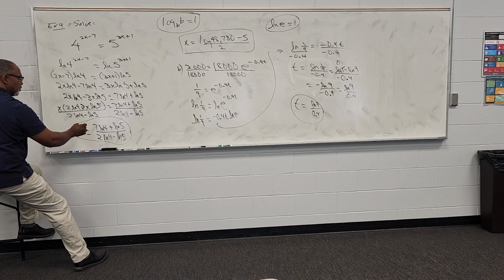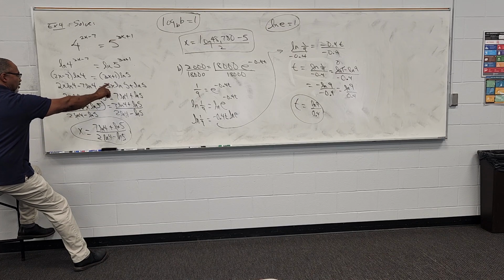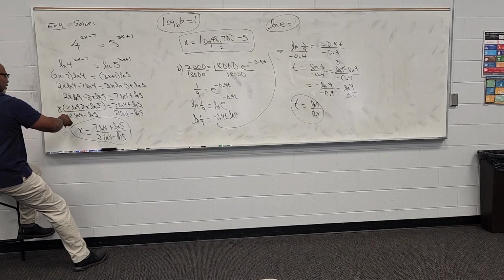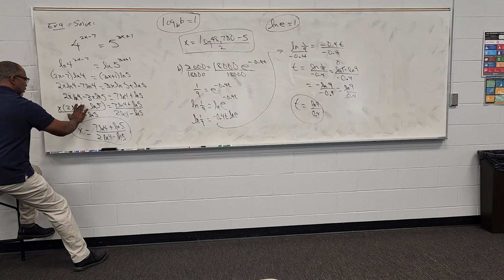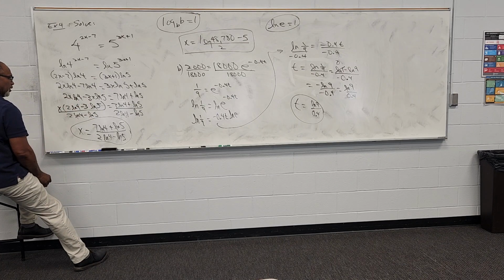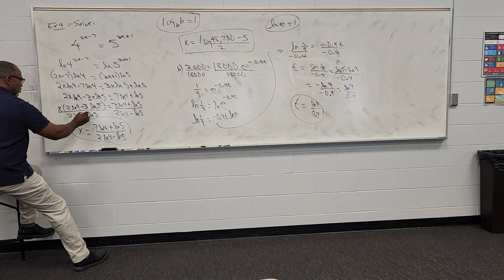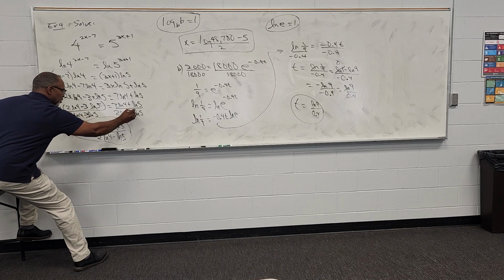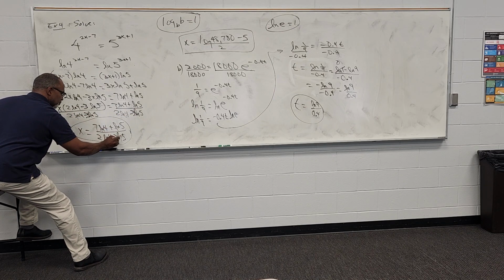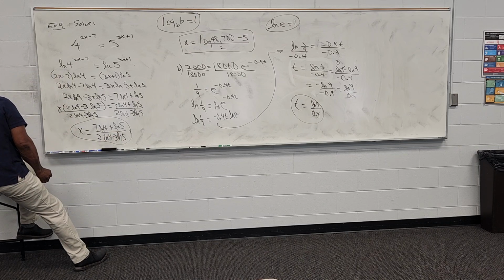So, is that right? Yeah, I subtracted 3x ln 5 from both sides. I get that. Then I factored out the x, so this should be minus, sorry. I factored out the x, so I should get minus 3 ln 5. So I should be dividing by 3 ln 5. Now it's correct.